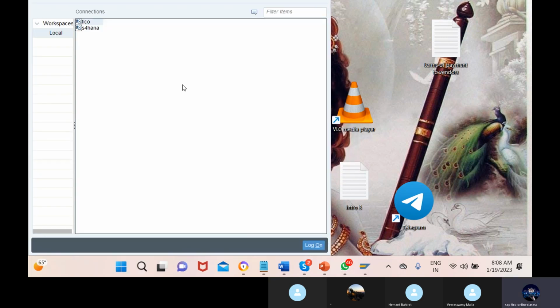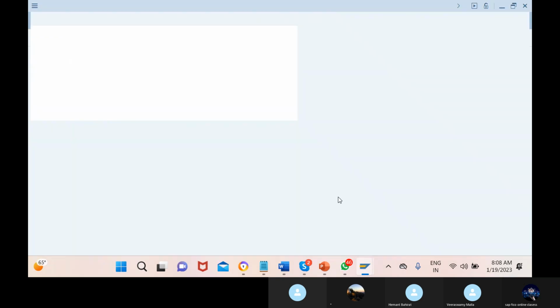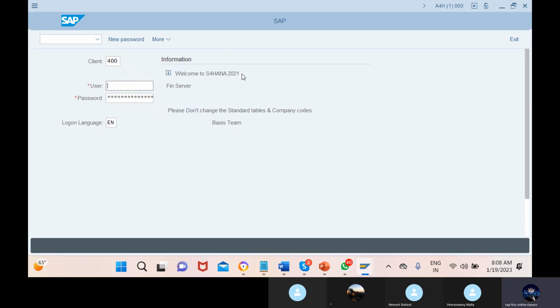Okay, we'll do the configuration in the server. The version we are following is 2021, please keep in mind, guys. When a client purchases an ERP server, the SAP organization will provide a separate number for each client.